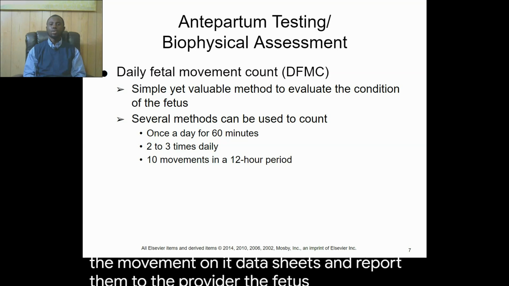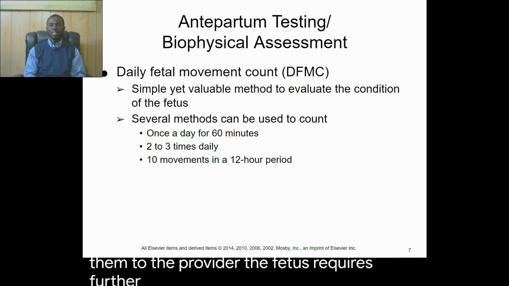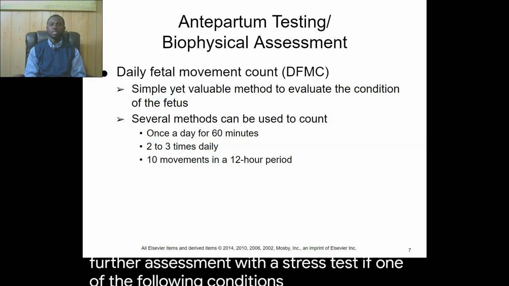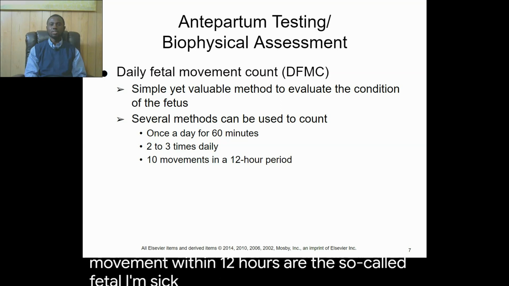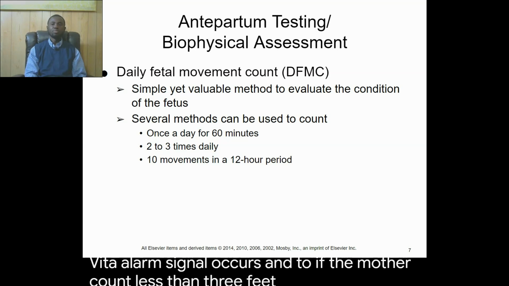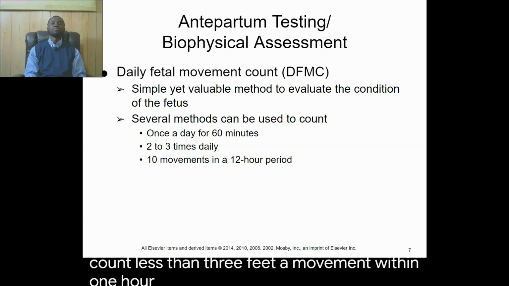The fetus requires further assessment with a stress test if one of the following conditions exist. 1. If no movement within 12 hours, or the so-called fetal alarm signal occurs. And 2. If the mother counts less than 3 fetal movements within 1 hour.